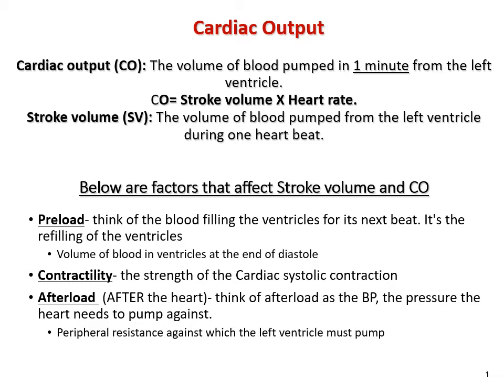So if you have a very high afterload, if your blood pressure is 200, the poor left ventricle is going to have to reach a pressure of 200 before the aortic valve opens and allows blood out. So the afterload is telling you how hard is it going to be? How much pressure am I going to have to generate to pump into the aorta? So that will also decide stroke volume.